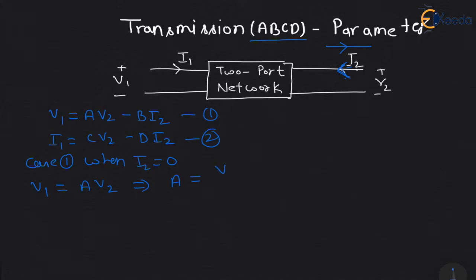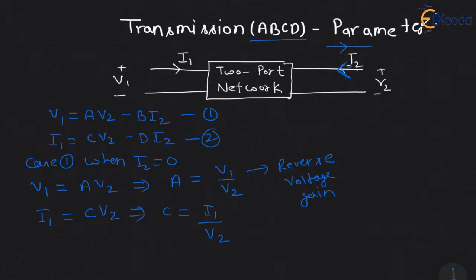It means A will be equal to V1 upon V2. It means it is reverse voltage gain. A will be called as reverse voltage gain. And from the second equation we can write I1 is equal to C into V2. That means C will be equal to I1 upon V2. This is your transfer admittance.